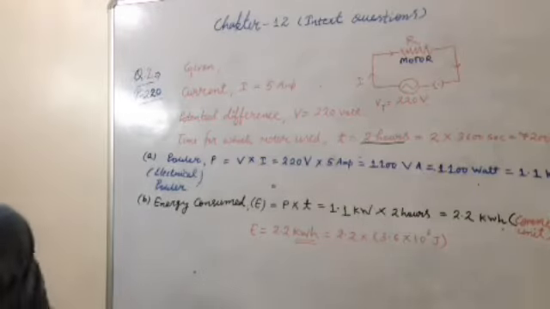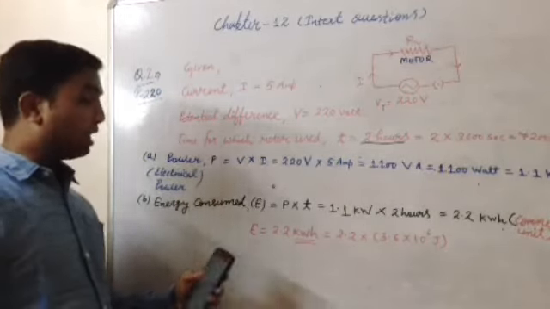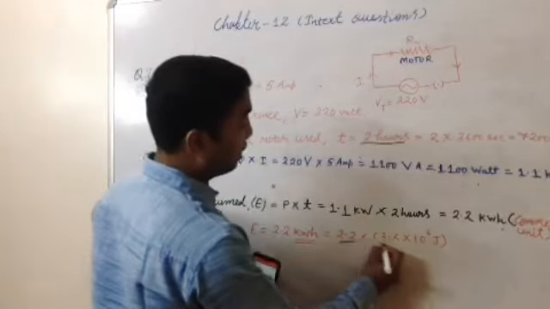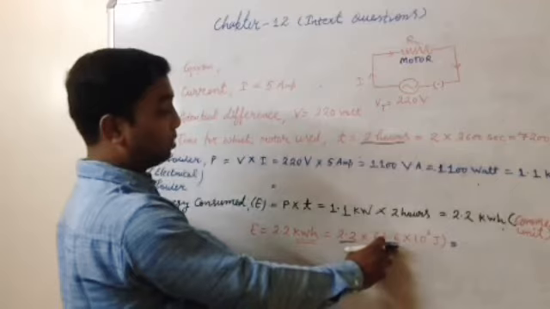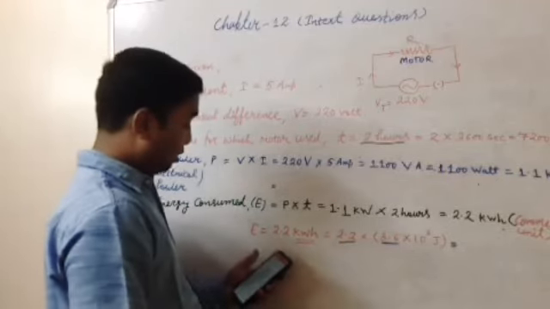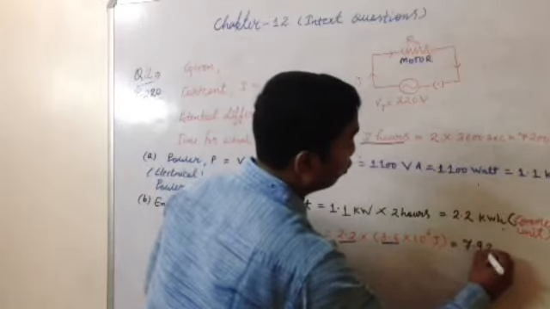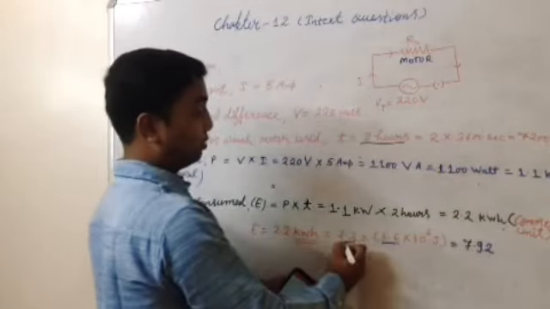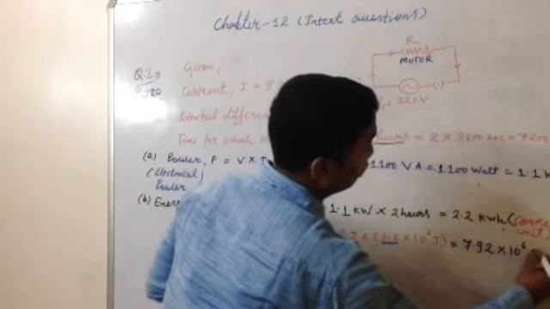When you multiply 2.2 by 3.6, on multiplying, this would become 7.92 into 10 to the power 6 joules.